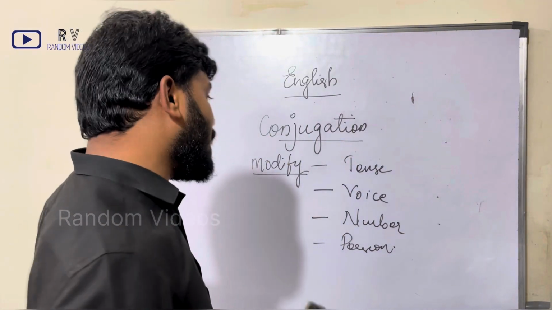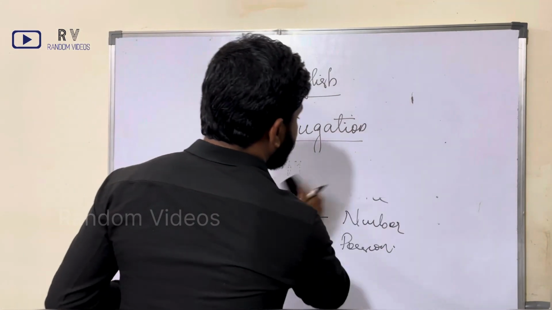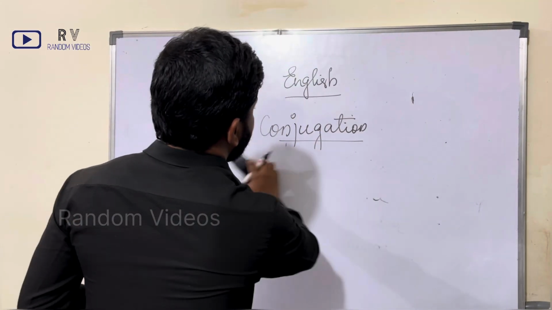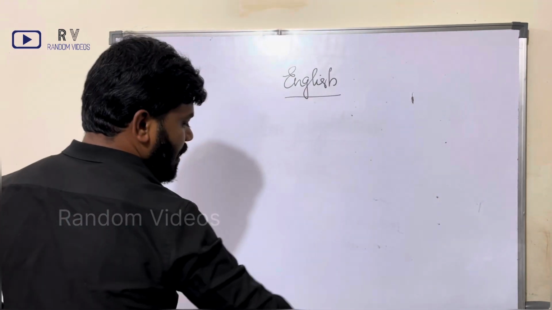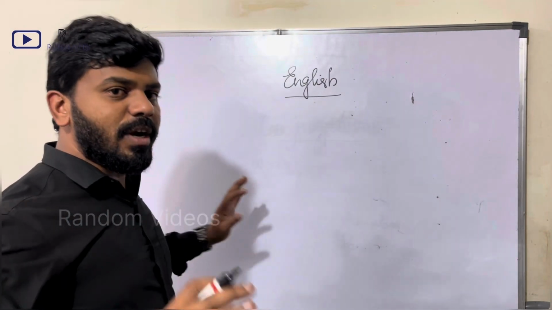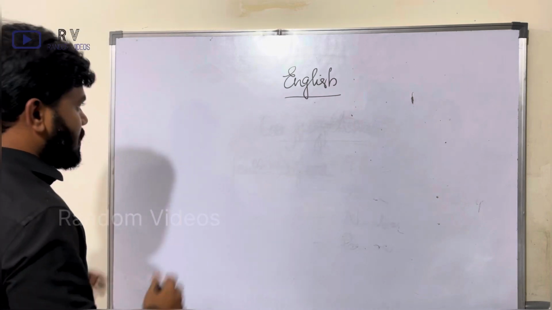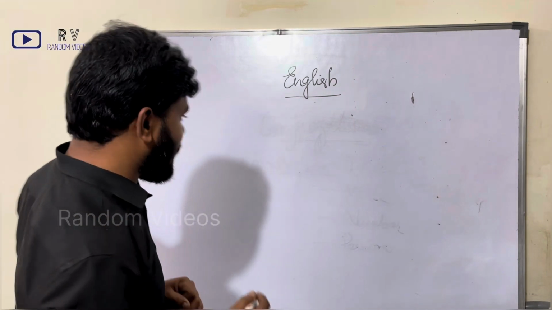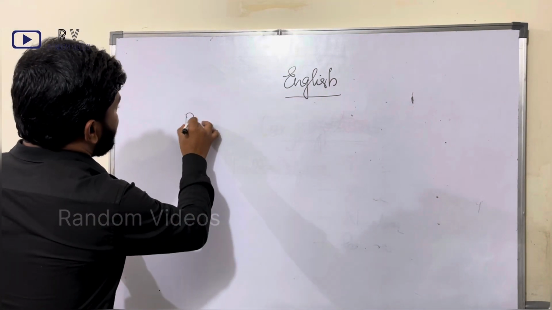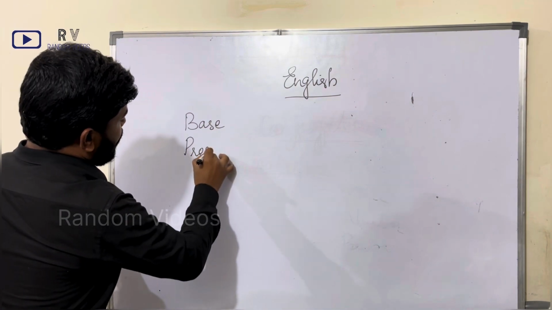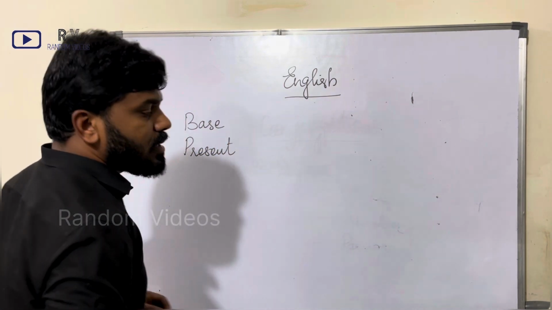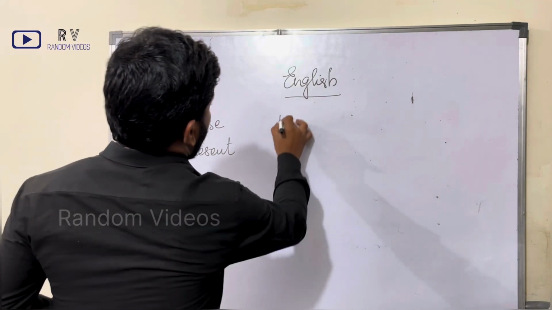As I told you earlier, verbs are classified under 4 different forms. This is how the verb conjugation is done. First one is base form, or you can also say present form. Second one is past form.